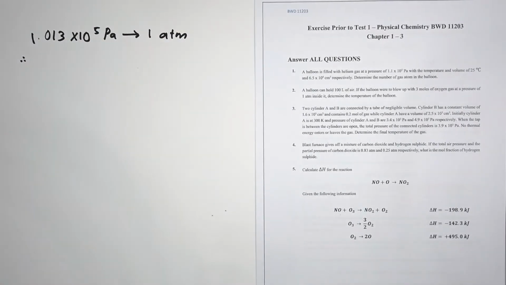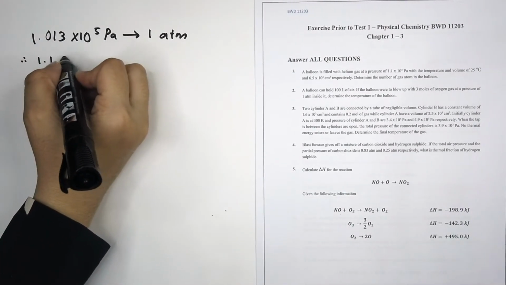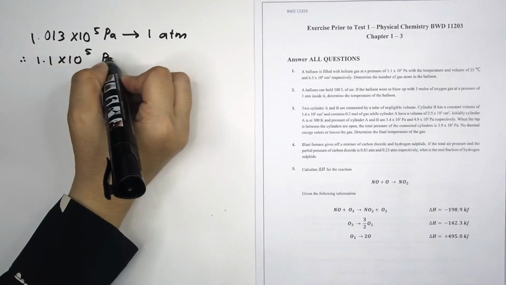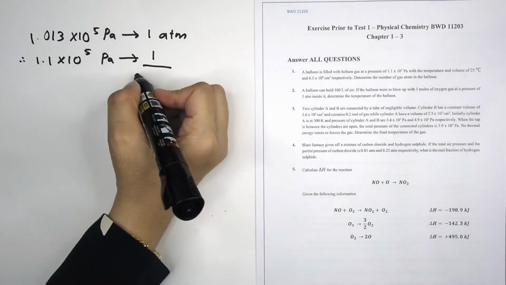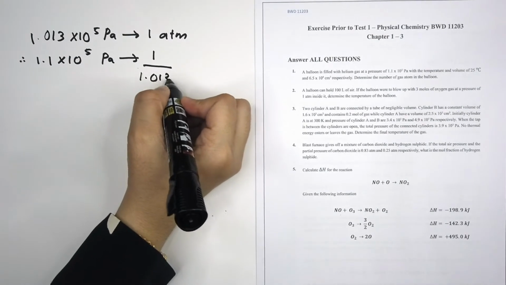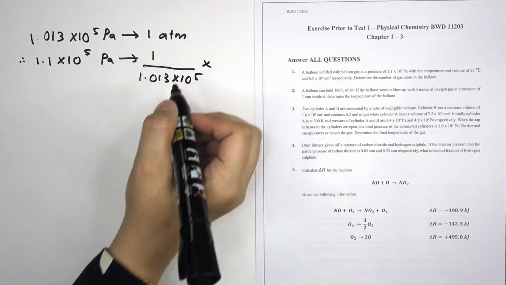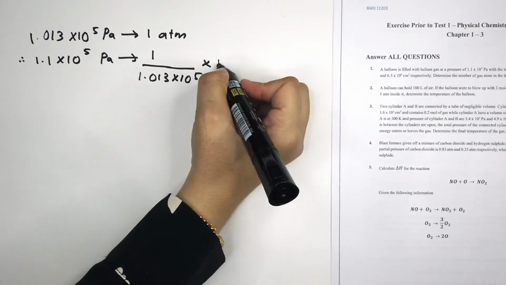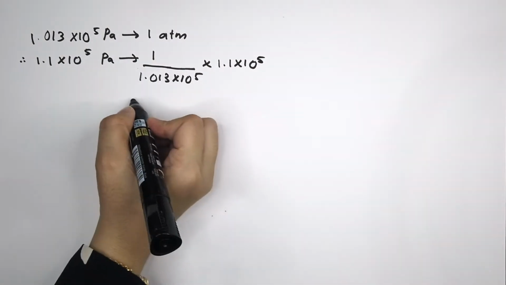Because the value given in the question is 1.1 times 10 to the power of 5 Pascal, you should do 1 over 1.013 times 10 to the power of 5, times the value from the question, 1.1 times 10 to the power of 5.